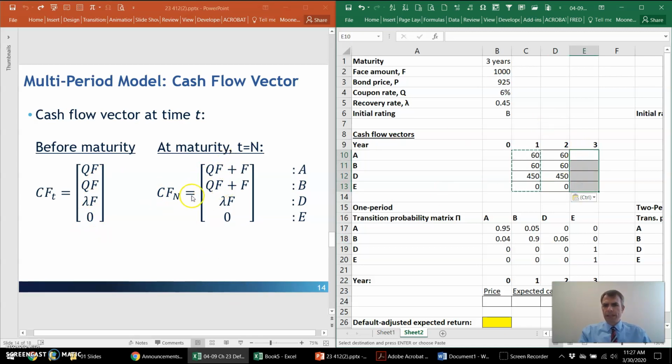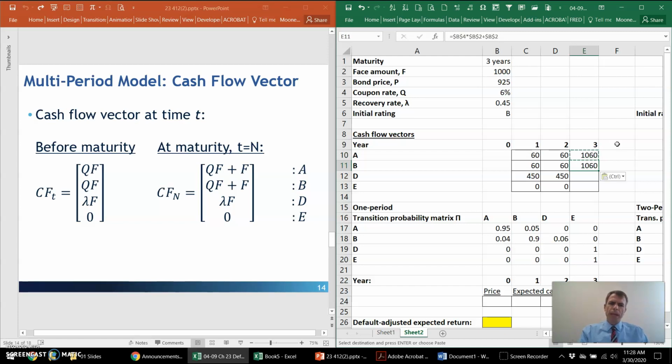When the bond matures, we'll use this version of the cash flow vector. Because when a bond matures, if it's not in default, I'd receive the last coupon payment, which is a function of the coupon rate and the face amount, like before, plus the face amount when the bond matures. And so this area I'm highlighting here looks like the typical cash flow pattern for a bond: coupon payments before the bond matures, and then when the bond matures, one final coupon payment and the face amount at maturity.